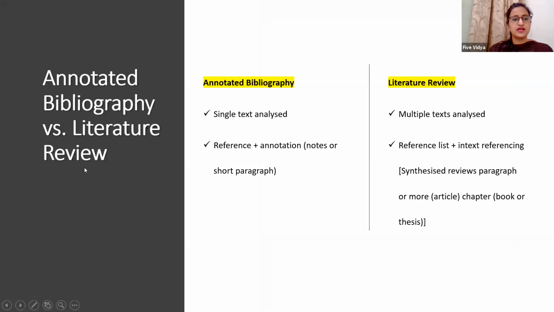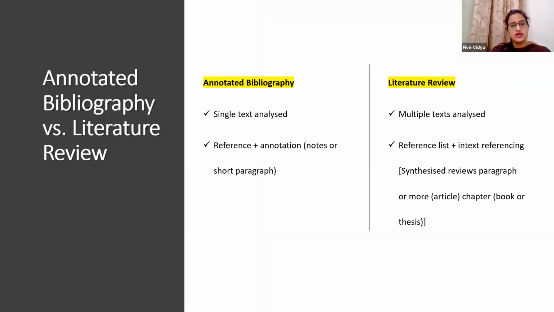Okay, so the next topic is annotated bibliography and literature review. Basically, an annotated bibliography is also a form of literature review. If you are doing research for the first time, or you are a new PhD scholar, you can go for an annotated bibliography.